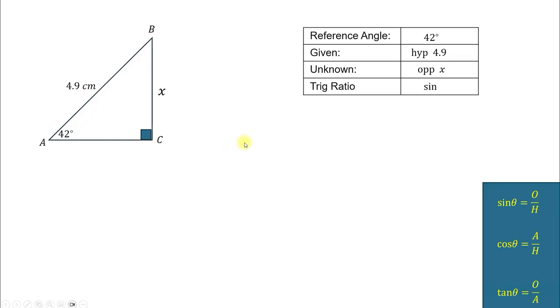So we can say that the sine of 42 equals opposite x over hypotenuse 4.9. Cross multiplying, we get x equals 4.9 times the sine of 42. X equals 3.3.